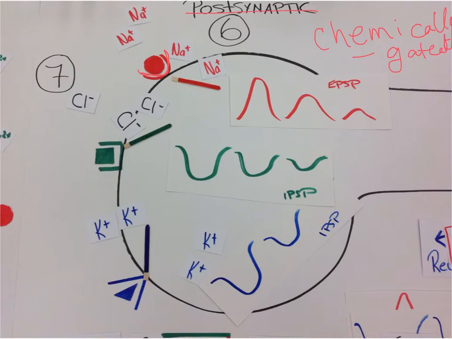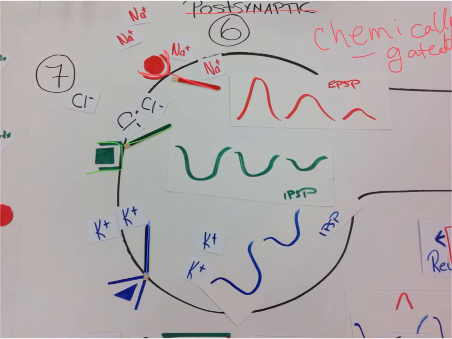These are now chemically gated channels. So this is a chemically gated sodium channel. Here we have a chemically gated potassium channel. And here we have a chemically gated chloride channel. So depending on the receptor for the particular neurotransmitter, different channels may open up.